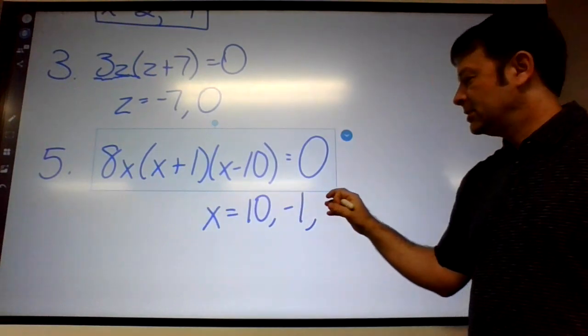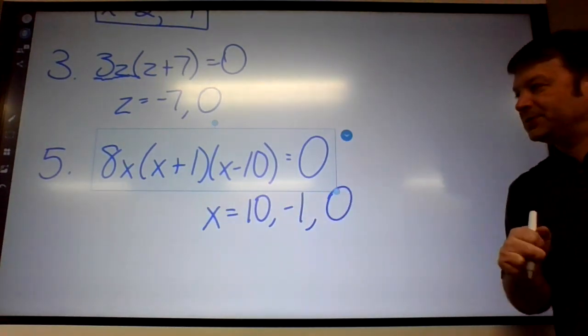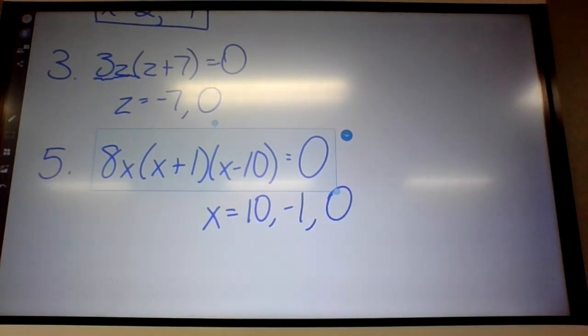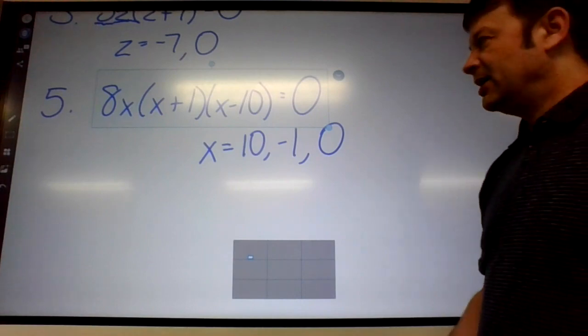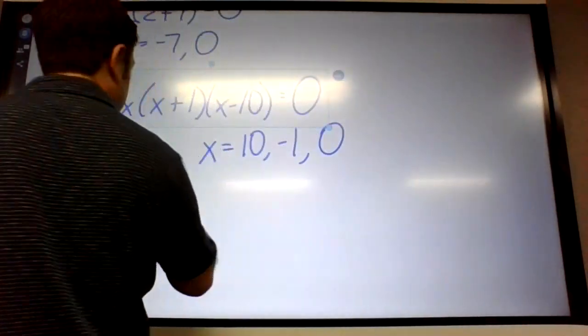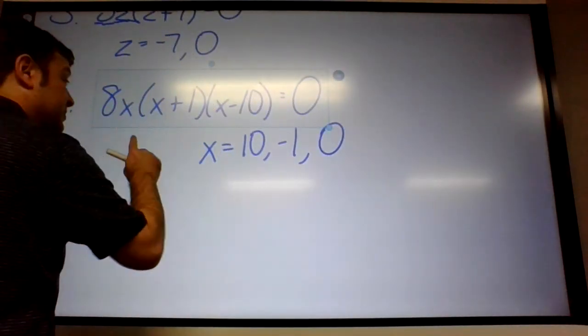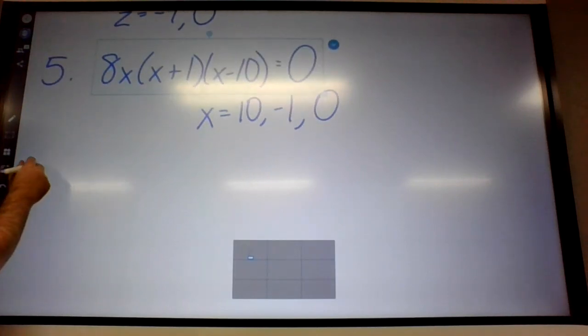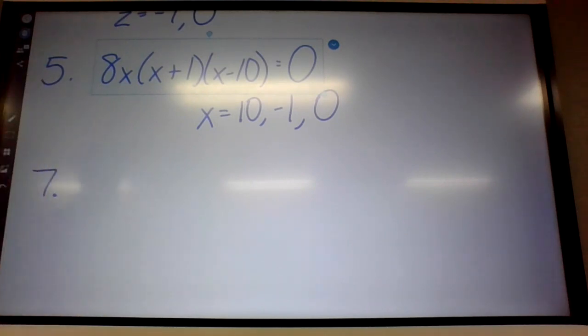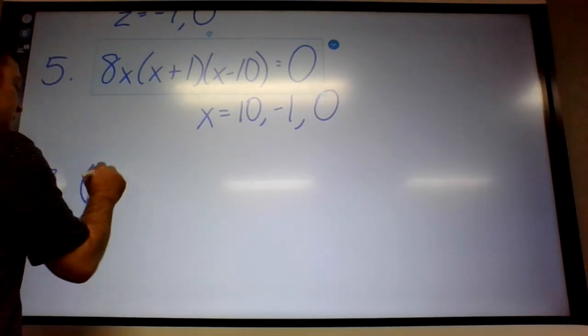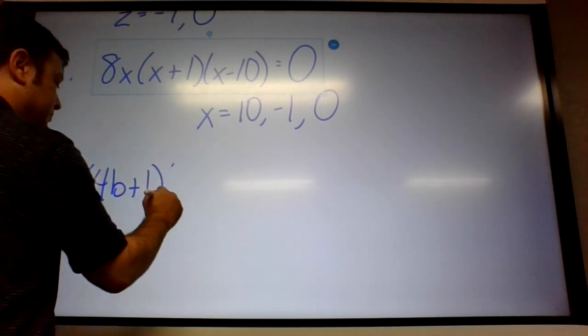So this one actually has 3 answers because there's 3 different factors with an x in it. If we multiplied all those together, like FOILed that, distributed the 8x, it would be an x cubed equation. Cubic equation.